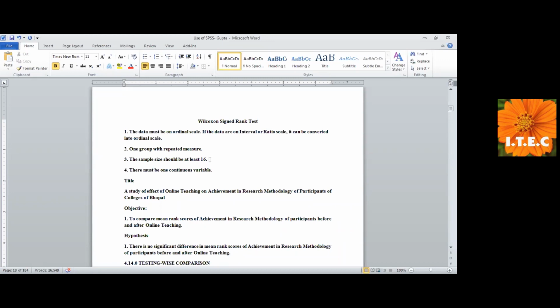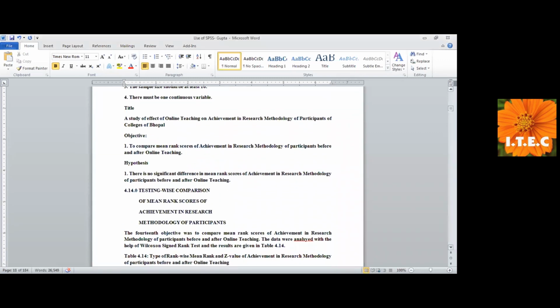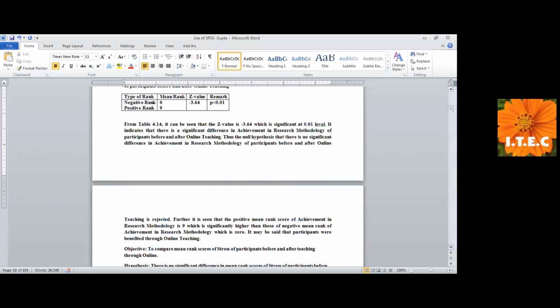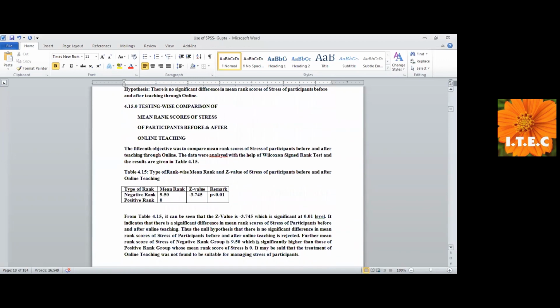Otherwise, for your Wilcoxon signed rank test or sign test, I will take the data and analyze with the help of both the statistical techniques, and you will find the results are the same. So it is your choice, whatever you want to do. So let me now take the data and analyze it.